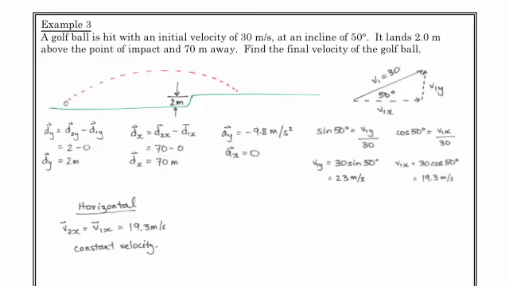What about in the vertical direction though? Because we know that this is going to change. So let's take a little bit more room here. Here's the vertical direction. We have v1, we have accelerations, and we have displacements. So we're going to use equation number 5 again, because it's probably the most useful equation to use in this case. v2y squared, which is what we're trying to find, equals v1y squared plus 2ay dy.